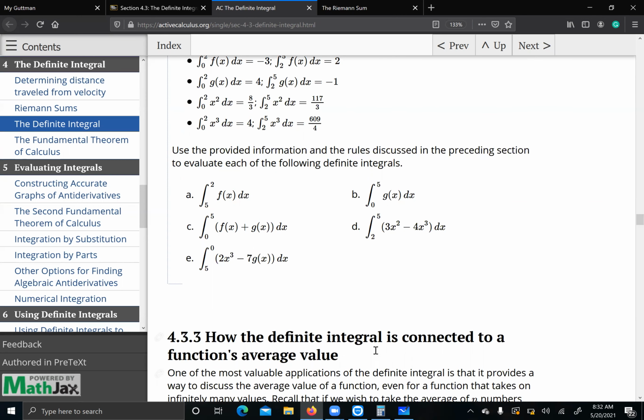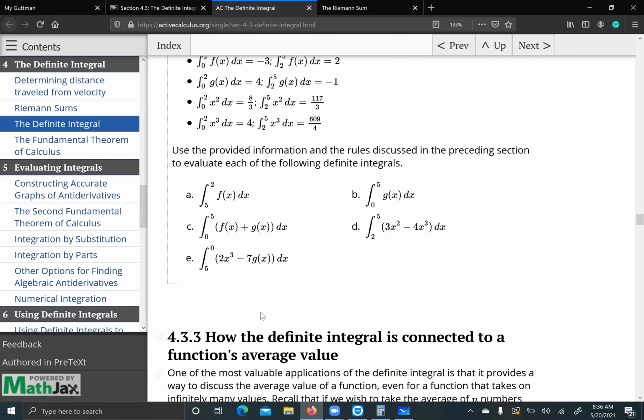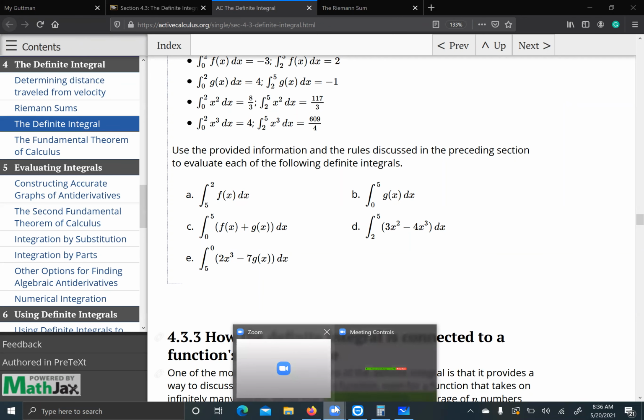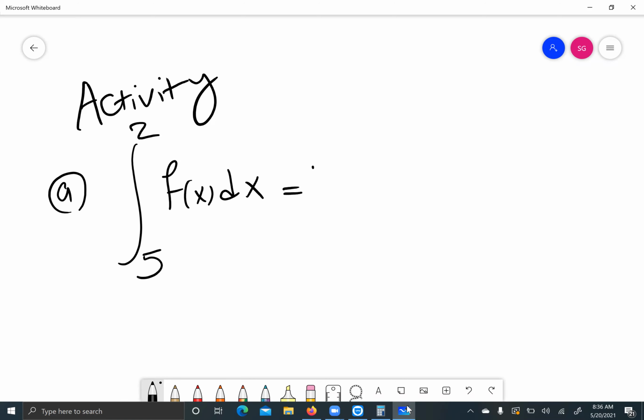Okay, let's do the first one, A. So in this activity, we are doing part A, which says take the integral of f of x dx from 5 to 2. That's the question. What information is given?